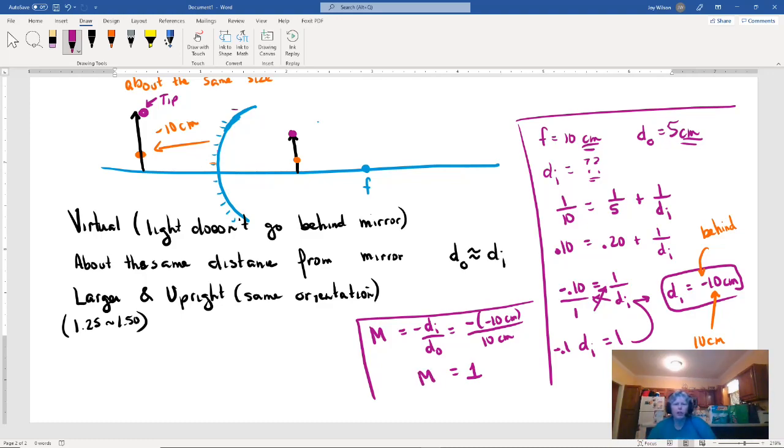Oh, I'm sorry, the do was 5. Miscopied. Focal length was 10. So this object is actually 2 times as large. Magnification being positive means that it's upright. We can see that it's upright, but the magnification being positive means it's upright.